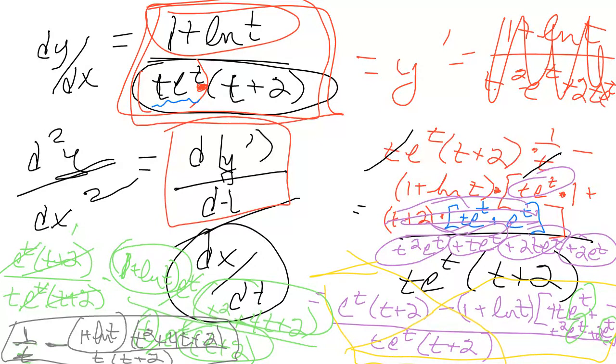Let me see. I think if this was an odd exercise, yep, I believe that the book would actually try to get a common denominator here. So they would multiply top and bottom times t plus 2.